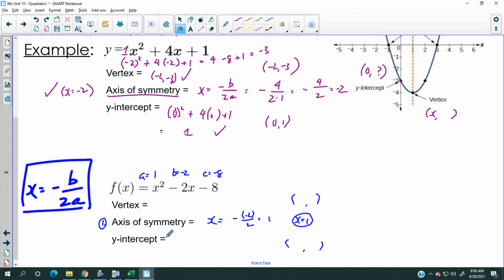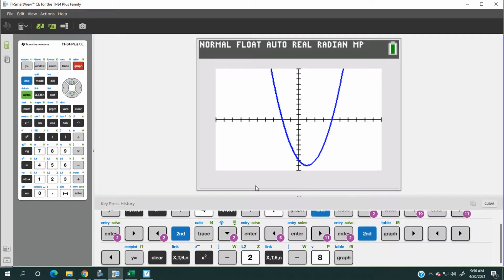Now vertex. Let's do that second. For the vertex we're going to substitute 1 in there. So that's 1 squared minus 2 times 1 minus 8. That's just 1 minus 2 minus 8. That's negative 11. So the vertex is 1, negative 11. Now let's see if that's true.